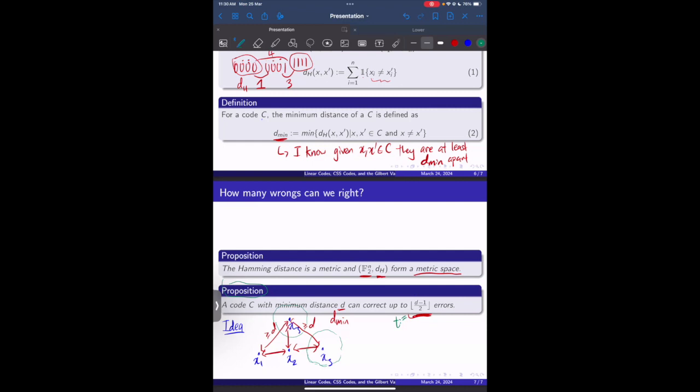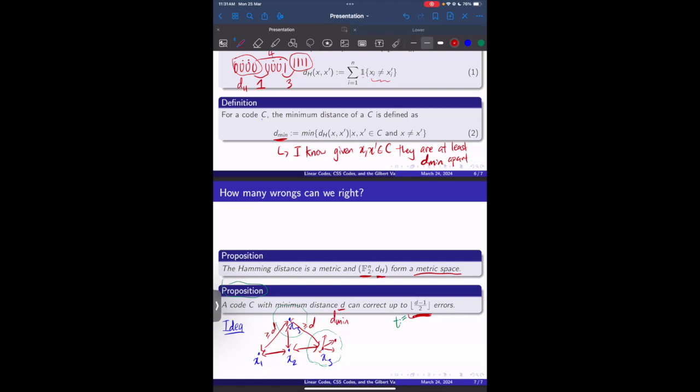If there's at most t errors, your original word that you intended to send, let's say x3, will get displaced to somewhere within the t-ball of x3. So maybe you get sent here, a bit gets flipped, you get sent somewhere nearer. Either way, you remain in the t-ball of the word that you originally intended to send.